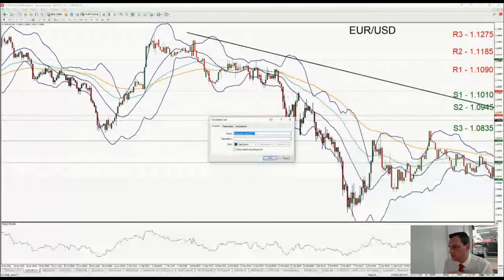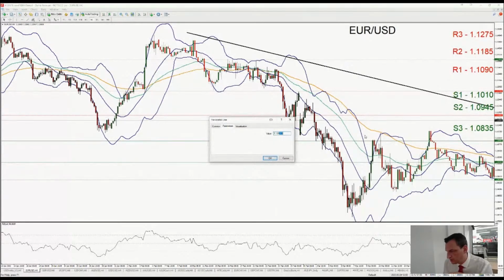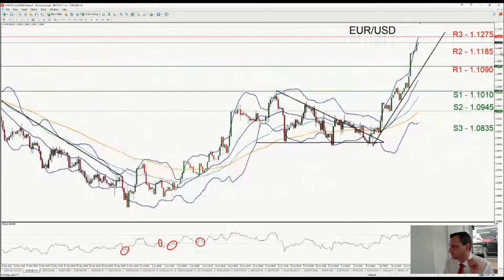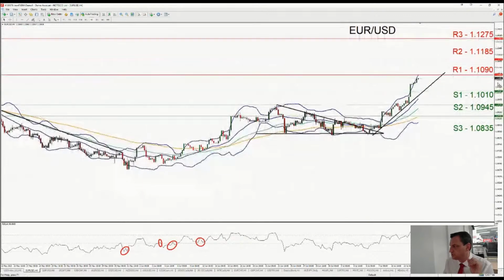Let's lock this in red, please, being the 1.1395. Readjusting the chart. Let's reposition the labels.